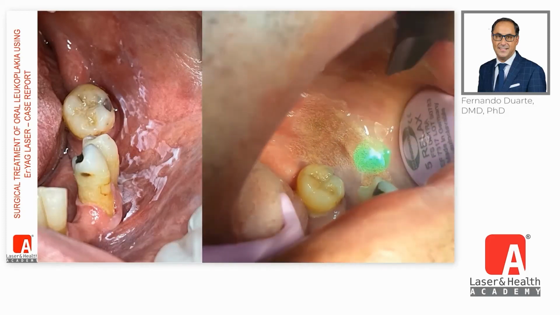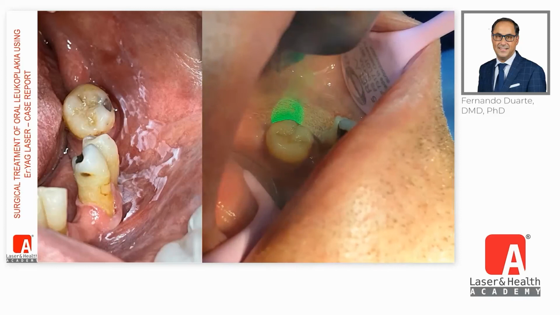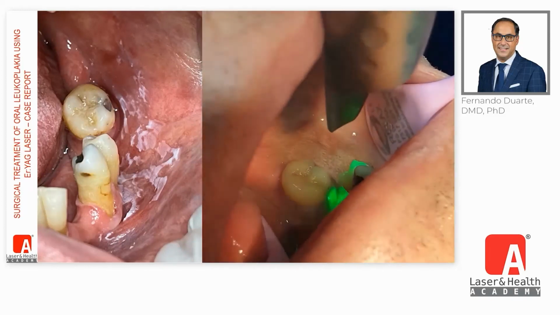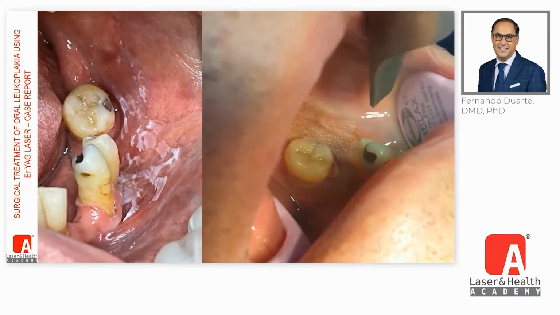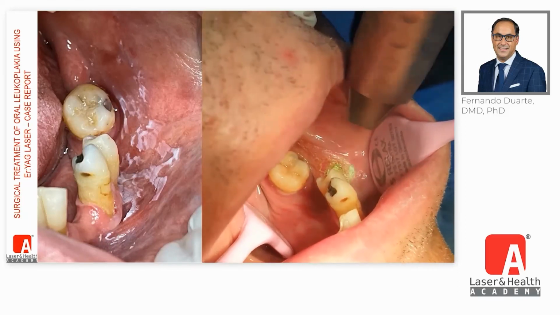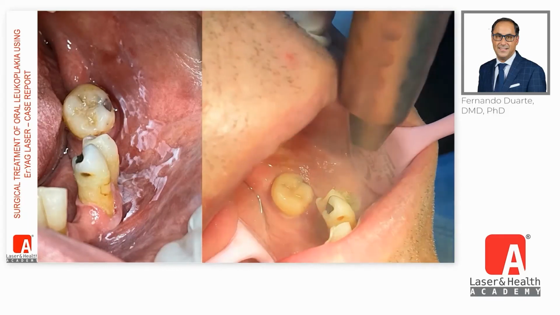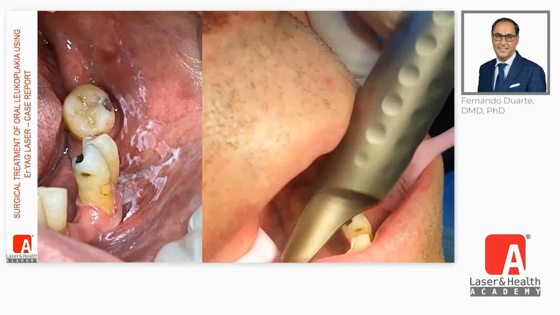And here we can see the video of the first session of the treatment. As I told you before, we are using the erbium YAG handpiece R16 with 3.6 joules, 10 Hz frequency, and also 13.8 watts power in LP mode.